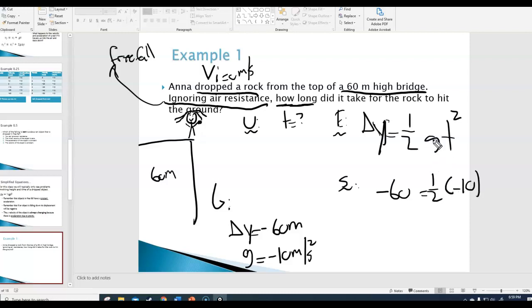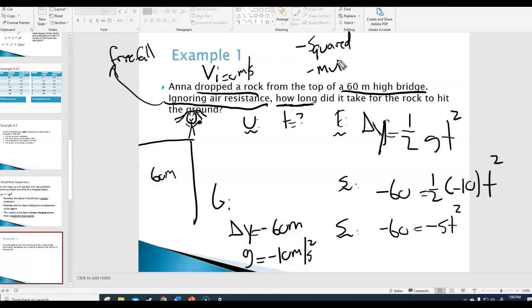So now g is not a variable, that's a constant. Keep that in mind. And then times t squared. Okay, so before I go to solve, I'm going to simplify because I can combine the 1/2 times negative 10 is negative 5. And so now I ask, what is being done to t squared? Well, number 1, it's being squared.